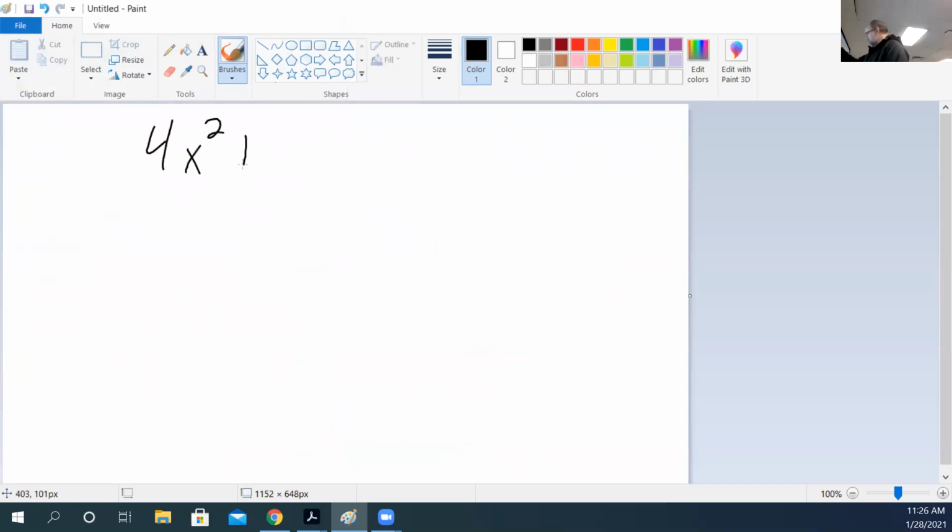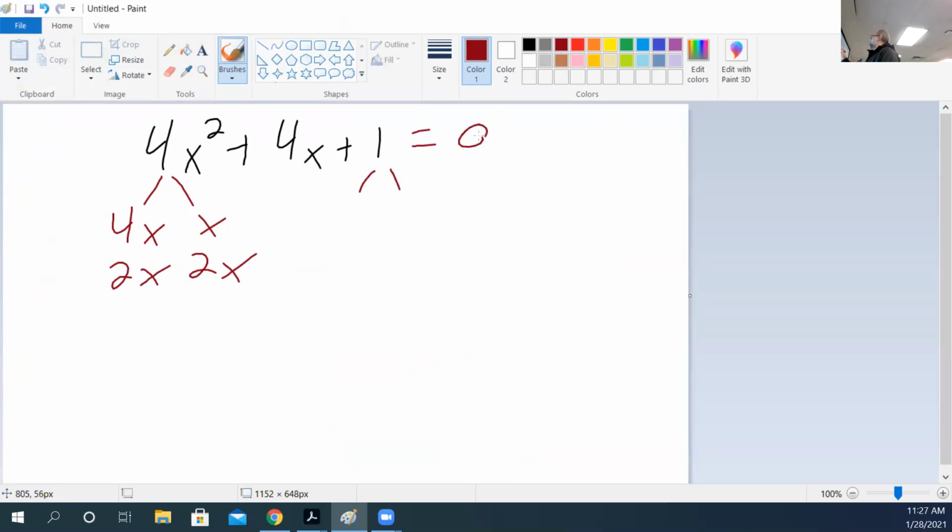4x squared plus 4x plus 1. All right, similar idea, right? So first you split the first term, 4x times x, or 2x times 2x. And this is all equal to 0. This is 1 and 1. And so the last sign is adding, so we're looking for which combination adds up to give us 4. Well, I think 4 and these two might not work so well. That's basically going to be 4 plus 1, just big, right?